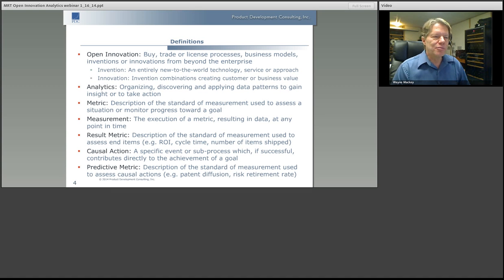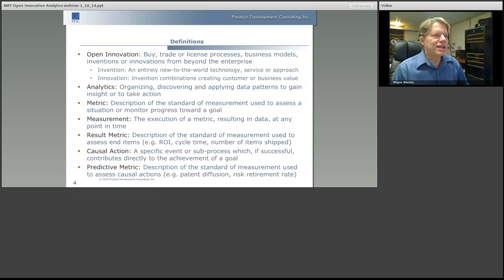The reason predictive metrics are important, and finding the causal actions associated with them, is that they happen both early and often relative to the goal. And that's important because as leaders and decision makers, whether you're an implementer, a leader, or an executive in your company, having early information often allows you to work on problems before they become a raging fire.